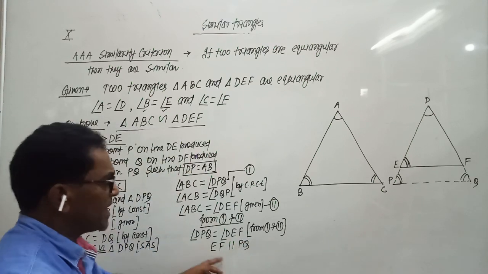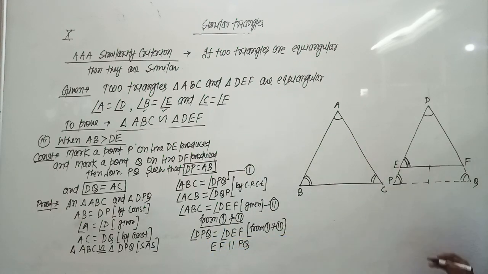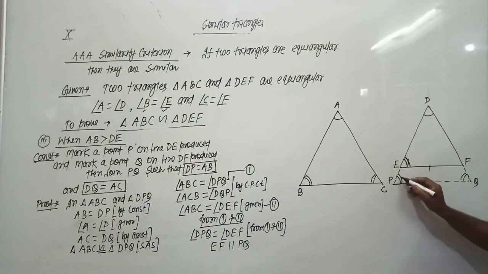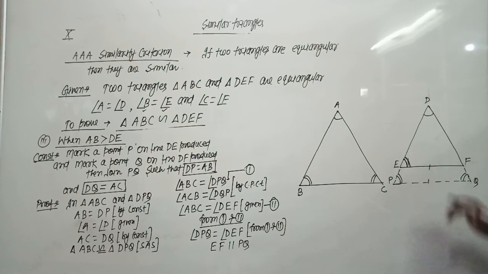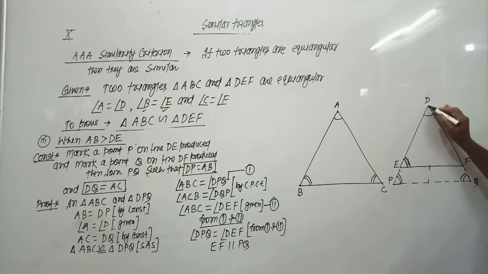And if corresponding angles are equal, then the line EF must be parallel to PQ. So if EF is parallel to PQ, it means triangle DEF and triangle DPQ are similar.